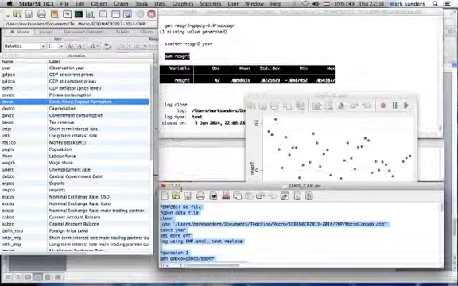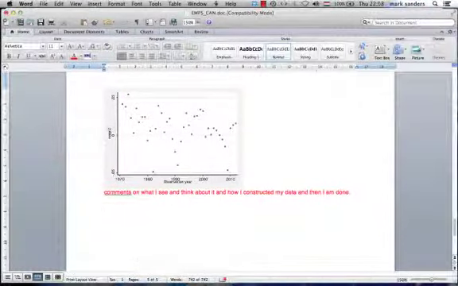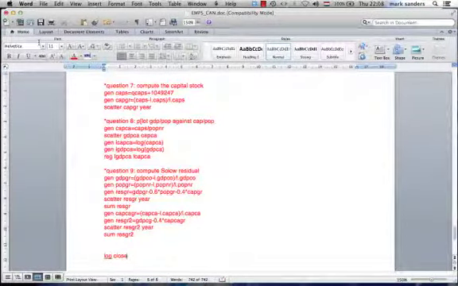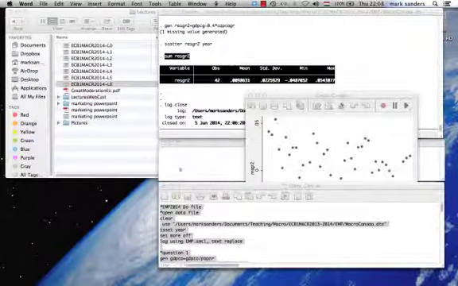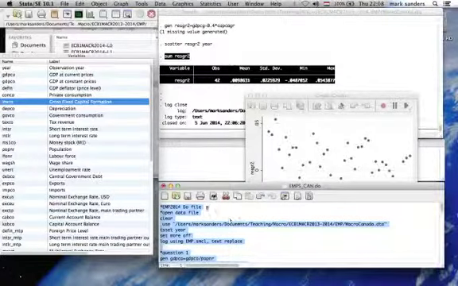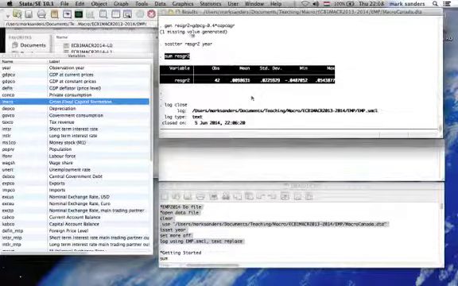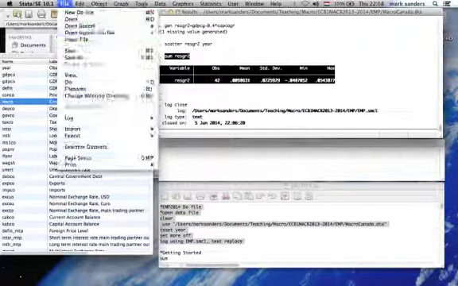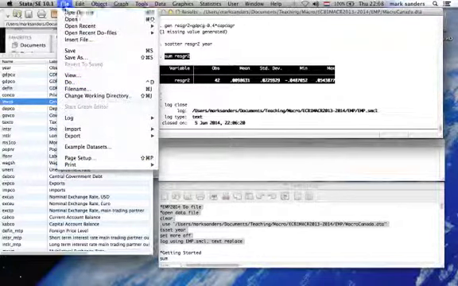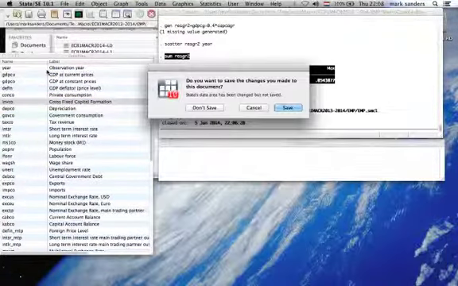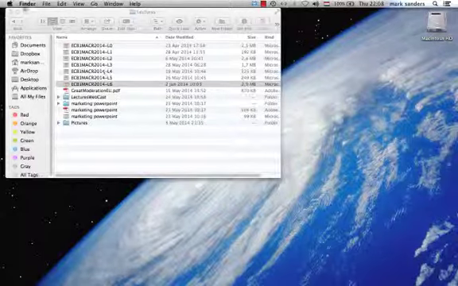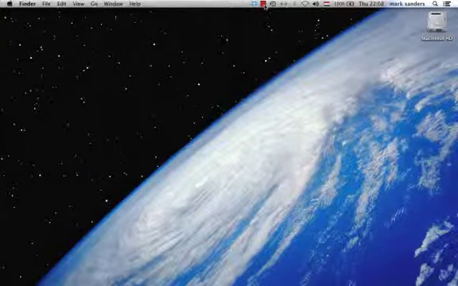I copy it, paste it here, save the whole thing, send it off to my tutor, maybe save this do file and send it to him too, or her, and then we can exit Stata. Let's just not save, and we're all set and done.